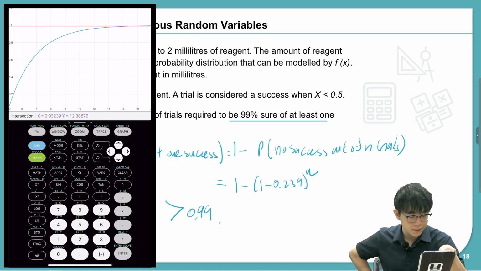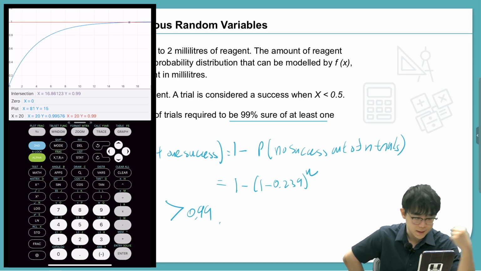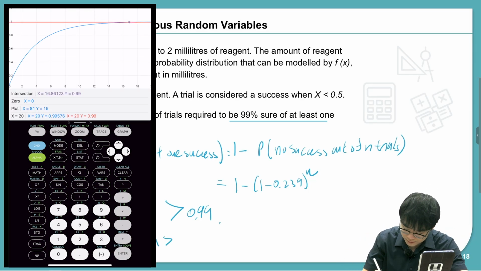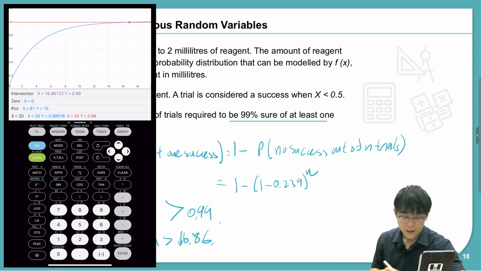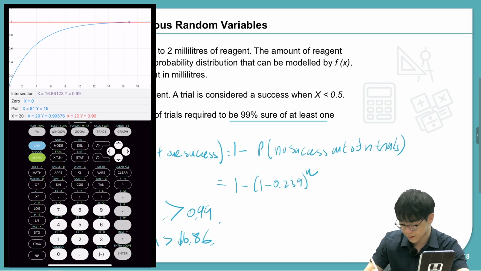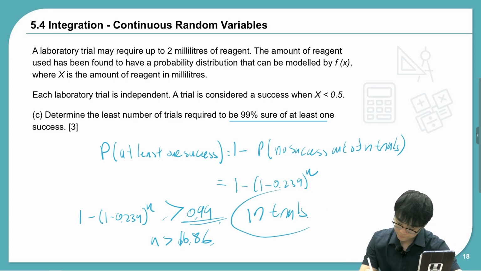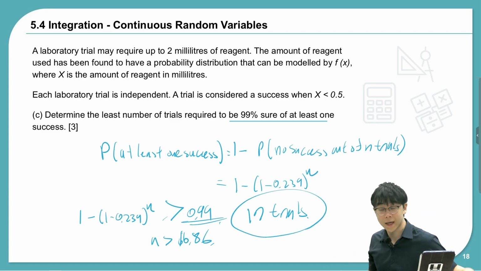We do see an intersection from maybe 0 to 20. That gives us 16.86. So n has to be greater than 16.86, that's when the blue graph is larger than the red. That means the left-hand side is surpassing 0.99. So we need at least 17 trials for us to be at least 99% sure.